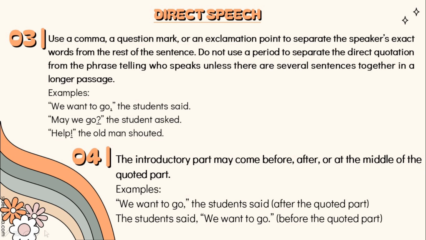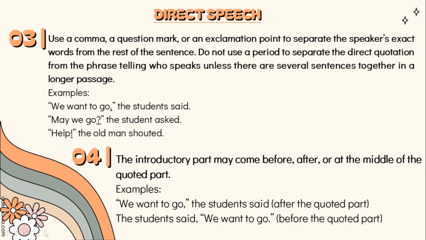For example, "We want to go," the student said. As you can see, it uses a comma inside the quoted part to separate the exact words of the speaker from the other sentence or phrase. Okay? Another example: "May we go?" the student asked.